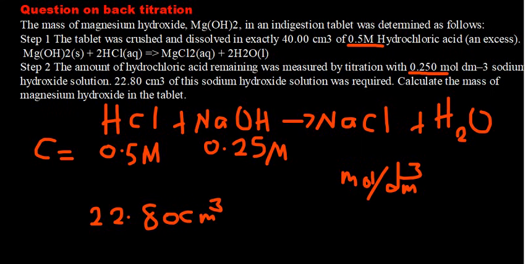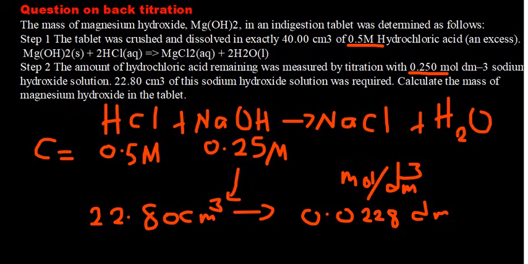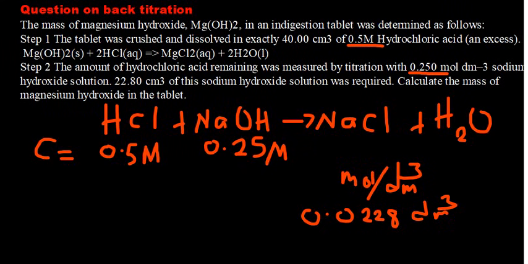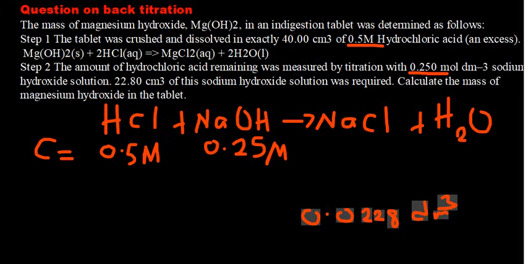We need to convert the volume of sodium hydroxide from cubic centimeters to decimeter cubed, and we do that by dividing by 1000. 22.8 divided by 1000 gives us 0.0228. That becomes our volume in decimeter cubed, the volume of sodium hydroxide that reacted. Now that we have the volume, we are able to determine the number of moles.